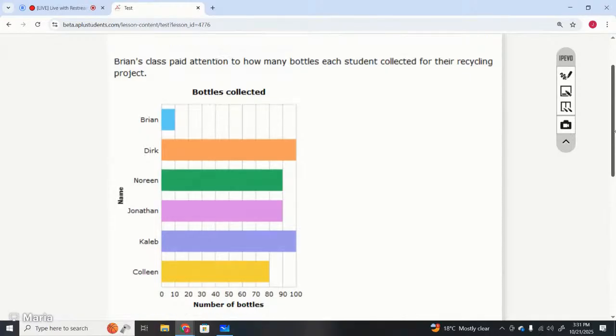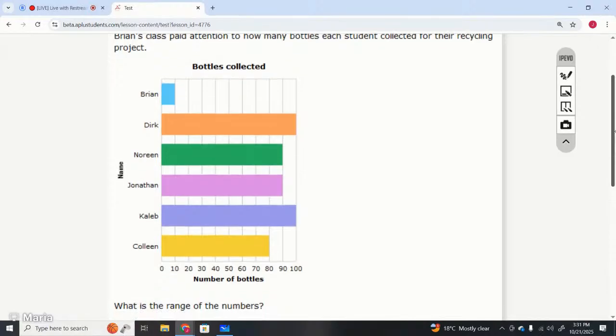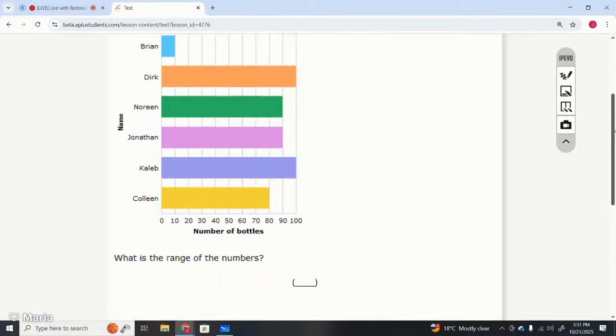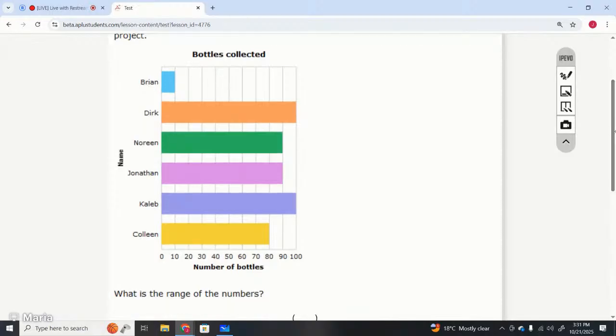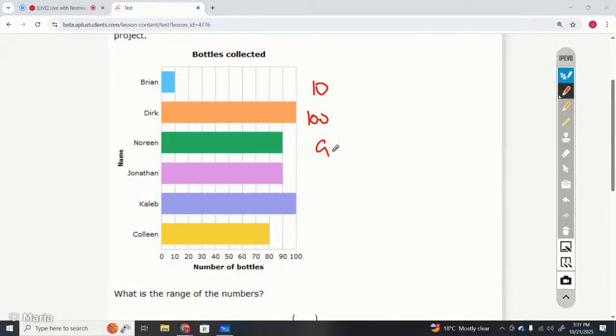Brian's class kept track of how many bottles each student collected for their recycling project. What is the range of the numbers? The numbers are 10, 100, 90, 90, 100, and 80. The range is the difference between the greatest and least number.